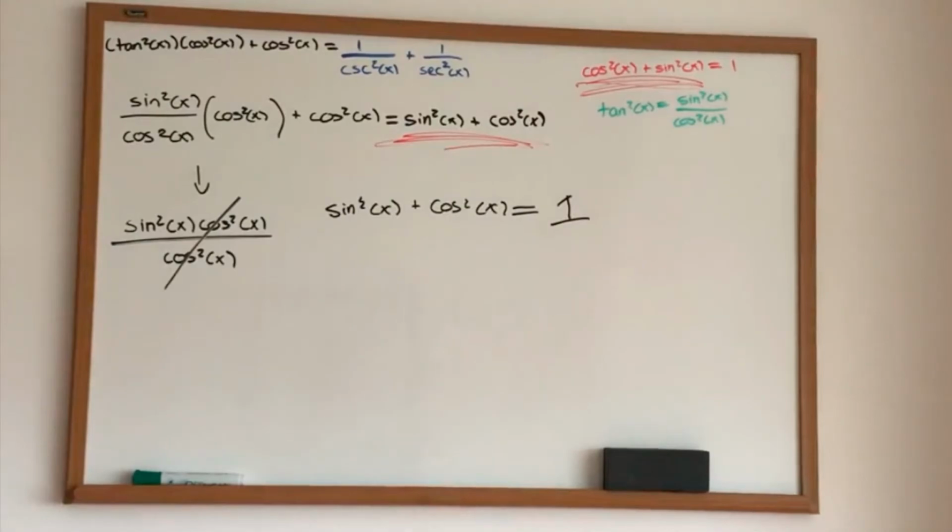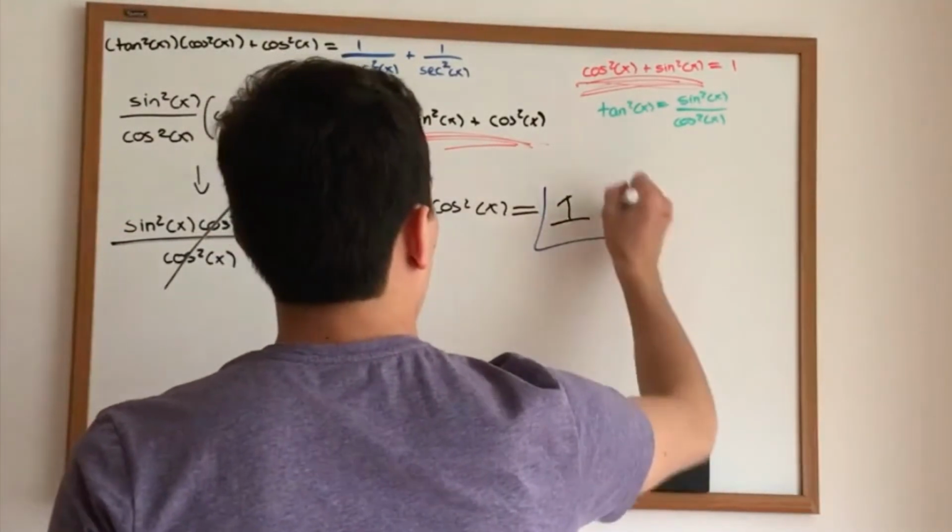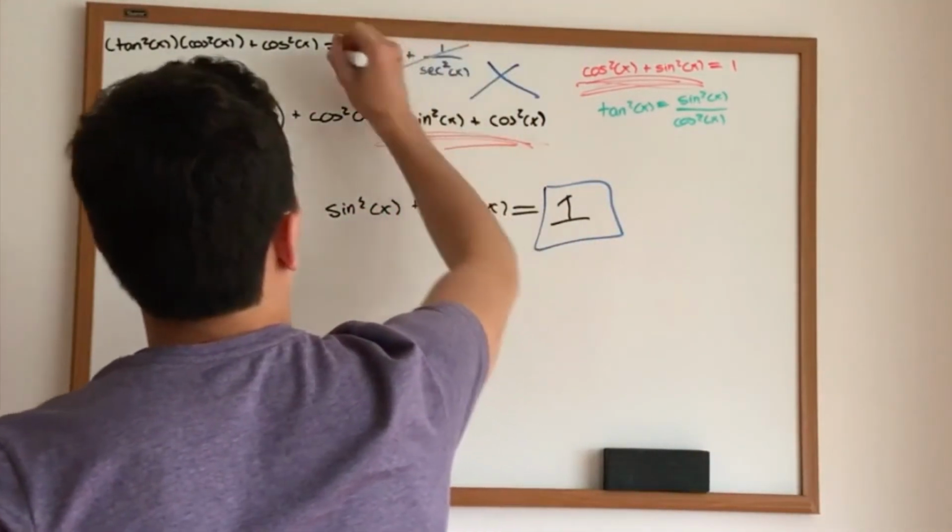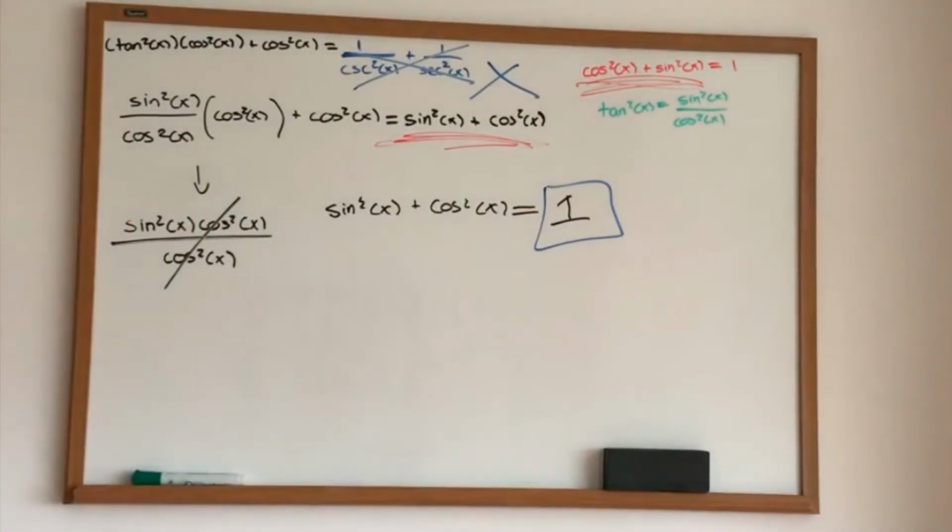And then if we join both sides of the equation, we can know that the final one would be sine square of x plus cosine square of x is equal to 1, and that would be the final equation.